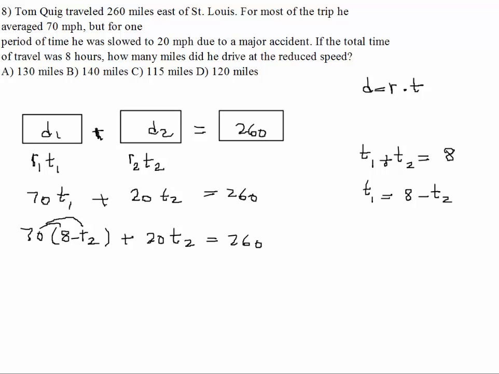We distribute 70 times 8, that gives me 560 minus 70 times T2 plus 20 times T2 equal to 260. And here we have minus 70 T2 plus 20 T2. They give me minus 50 T2. Don't forget, be careful with the sign here.